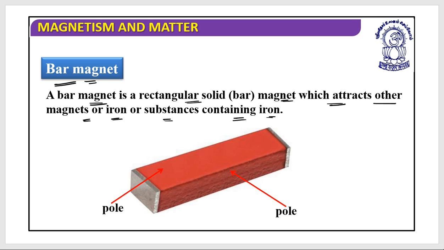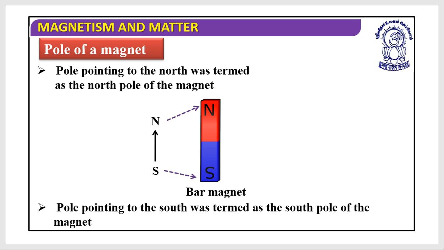Yes, it looks like this. This is the bar magnet. The pole pointing to the north is termed the north pole. This is the north pole of the magnet, and the pole pointing to the south is termed the south pole of the magnet.